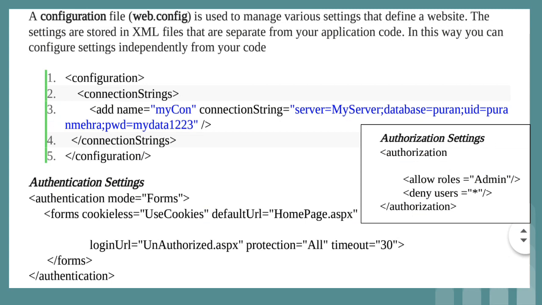We don't have a configuration tag in HTML, so this is nothing but XML. Why are we making use of XML? If we want to create our own tags, for that purpose we use XML. So now here we have configuration. Configuration means if you want to set or create an SQL connection, that particular code you can add inside the configuration tag.